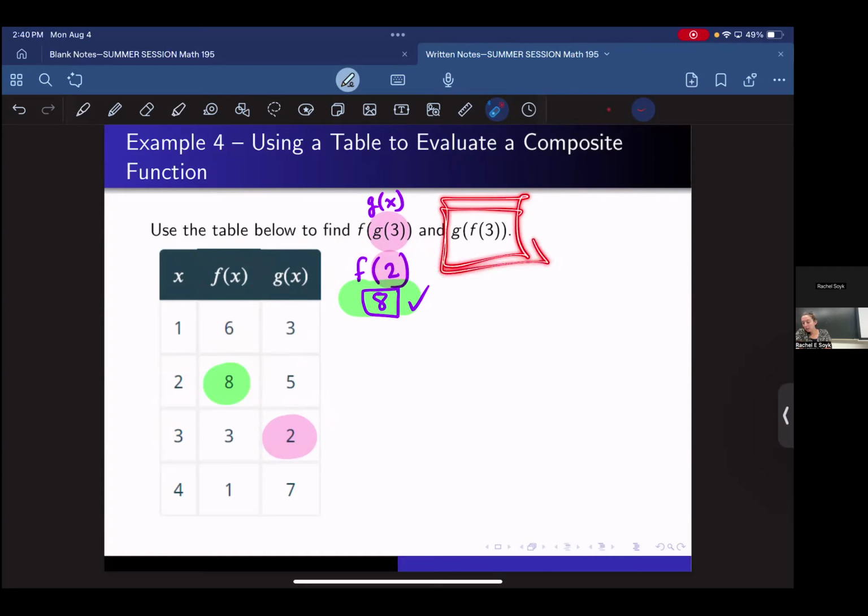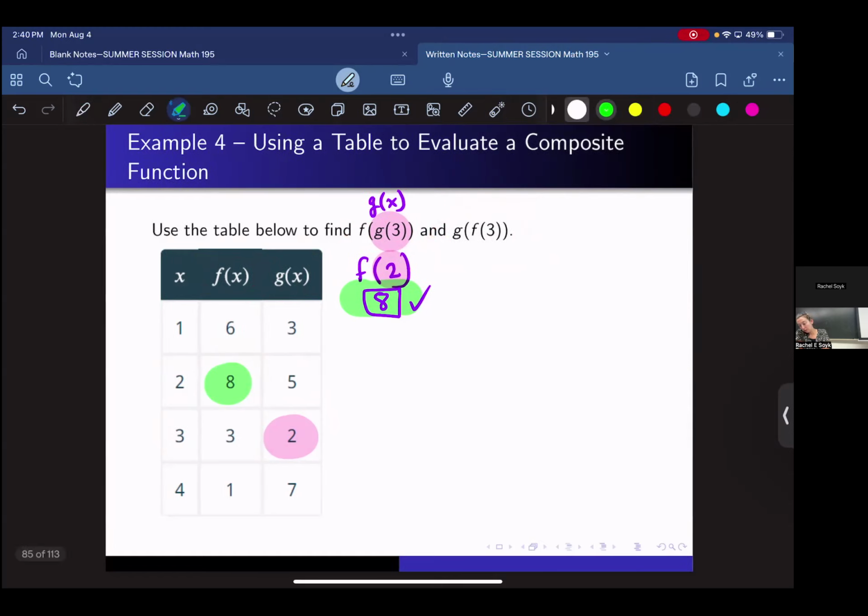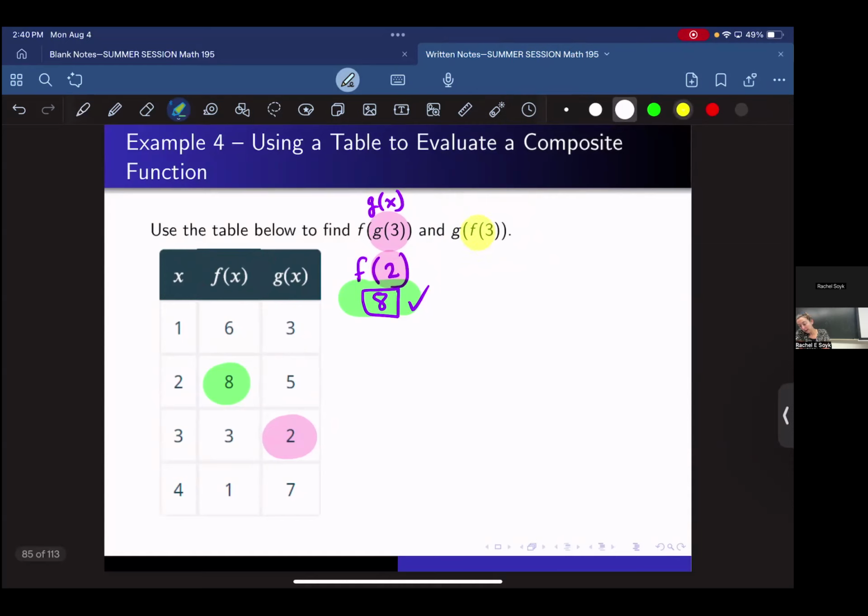Now we're doing the same process, but instead of looking at f of g of 3, we're looking at g of f of 3. So I'll use different colors here. F of 3, when x is 3, what is f of 3? It's just 3. And now we're looking at g of 3.